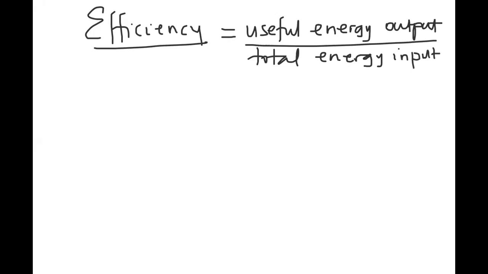So for an ideal machine, as we have seen, we ignore friction and air resistance, so the useful energy output is equal to the total energy input. Ideal machines have an efficiency of 1, which is actually 100%.